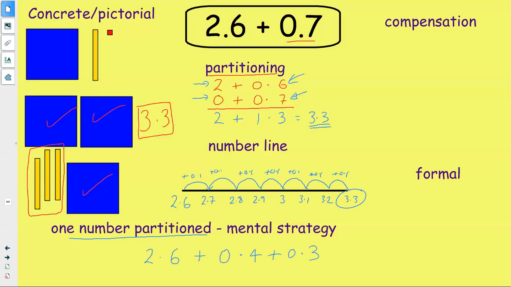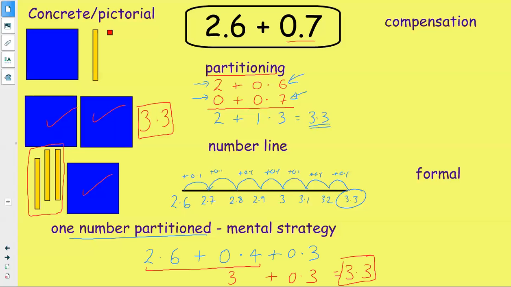Now I've chosen to do that because my 0.6 and my 0.4 will add together to give a nice friendly whole number. 2.6 add 0.4 is going to give me 3. And then I've got another 0.3 to add on, which gives me 3.3. So again, same answer.